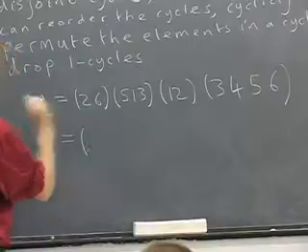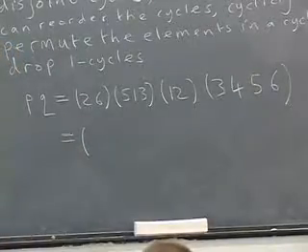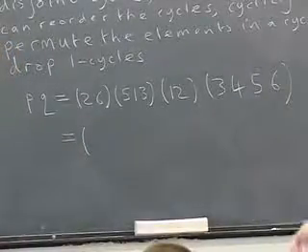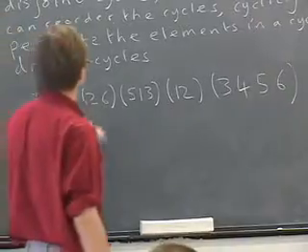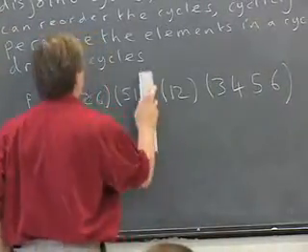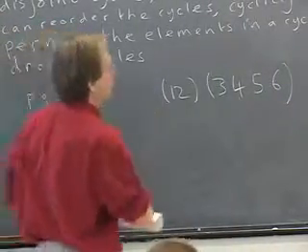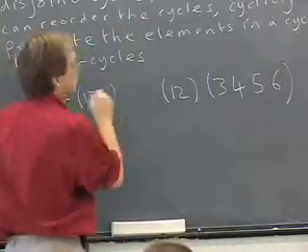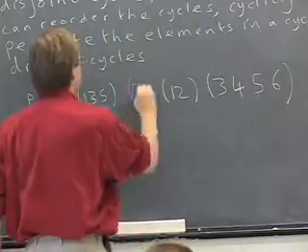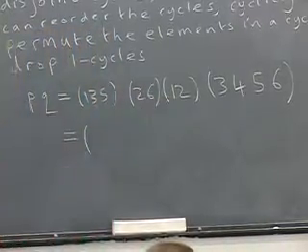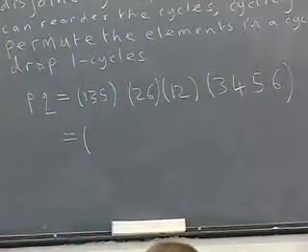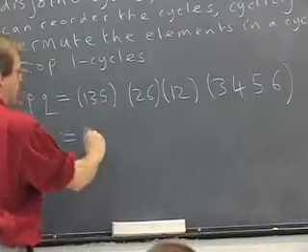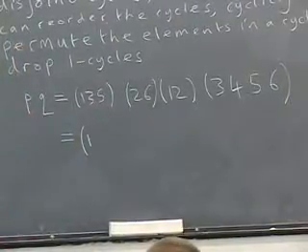Okay. So let me just use the original form I had for this thing. 1, 3, 5 doesn't matter. 2, 6. Okay, so I want to write it as a product of cycles. Well, I have to choose to start somewhere. It doesn't matter. Let me choose to start with 1.